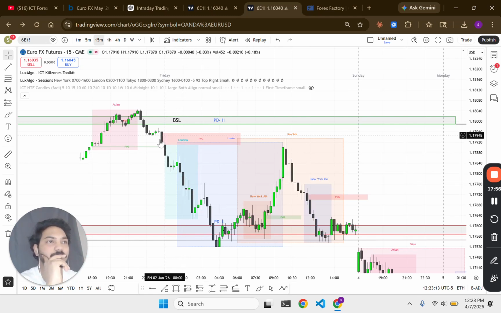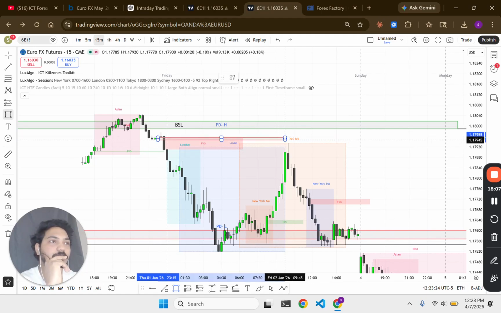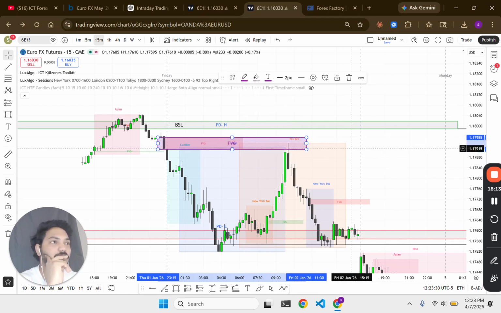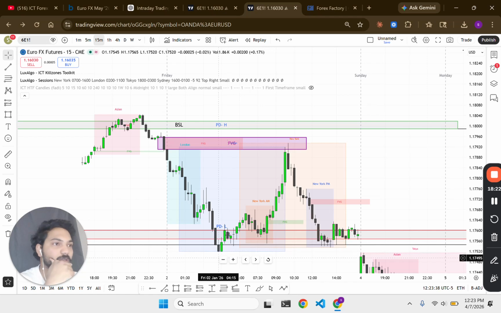Okay, so here there is a fair value gap. Let's mark this fair value gap. FVG, right? Let's see if we are able to find any order blocks.